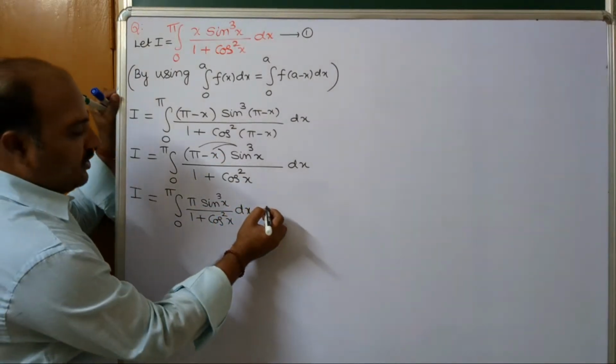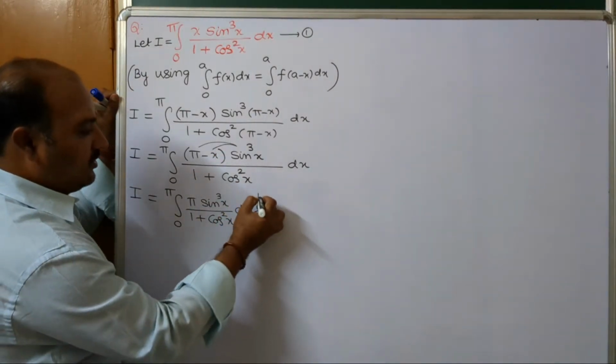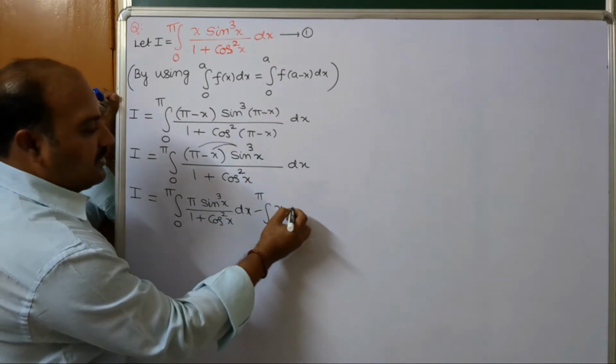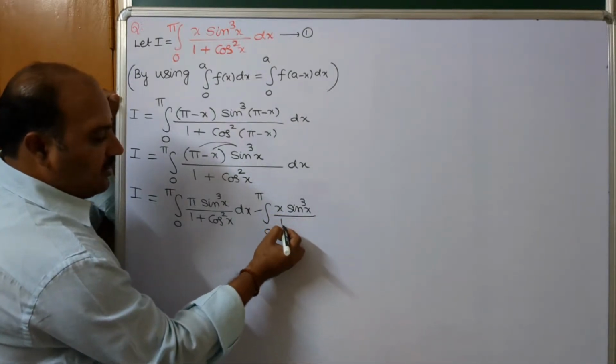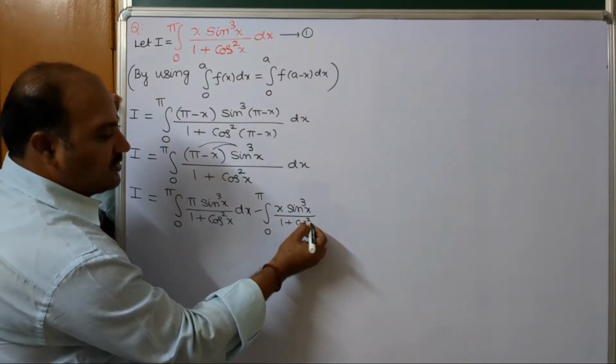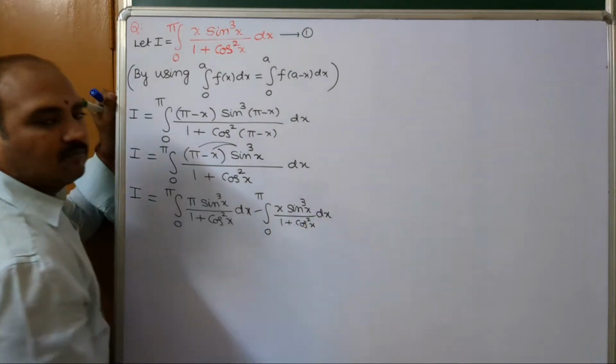Minus integral 0 to pi x into sine cube x divided by 1 plus cos square x into dx.